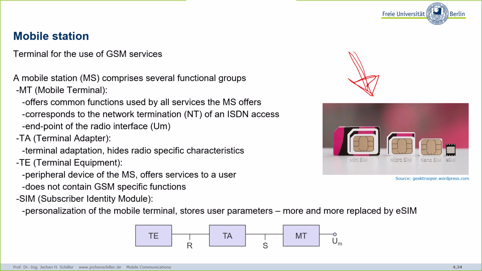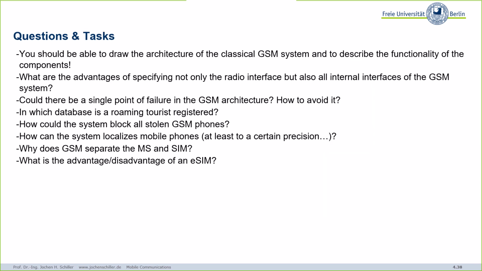Okay, now coming to the questions. Well, first of all, task for you. You should be able to draw this basic architecture I just showed you. The classical system, you should know the functionality, because if you know this architecture, it is not that difficult then to identify, oh, now in the third or in the fourth generation, they replaced this component by that.